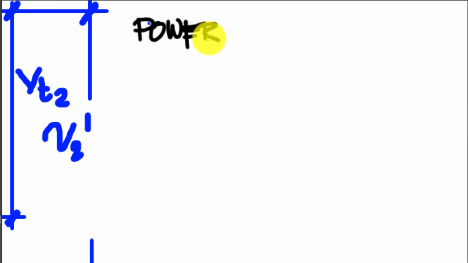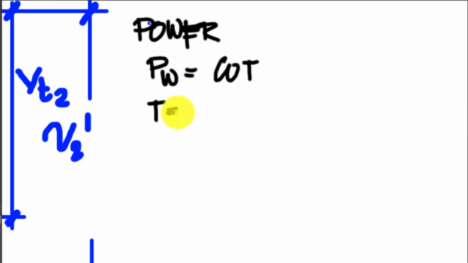Now for the power of the axial pump. Again, we start with your equation P_W, which represents the full power. This is equal to your angular velocity times your torque, no? Where the torque is expressed as my force times the radius, that will be the distance or the arm of the force, no?